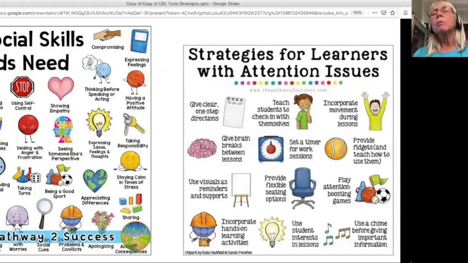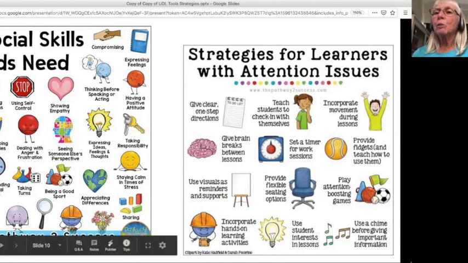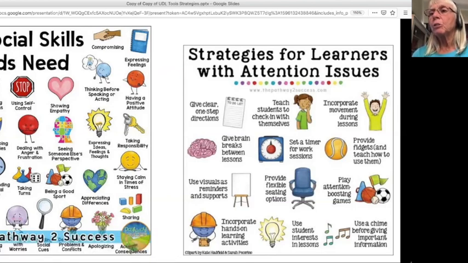And then, of course, my student teachers are always asking me for help. What do I do with this student who has attention issues? And we provide the help that we can, but this is a nice little graphic to just remind us of some of the things we could be doing with those students. And it does not matter their age.